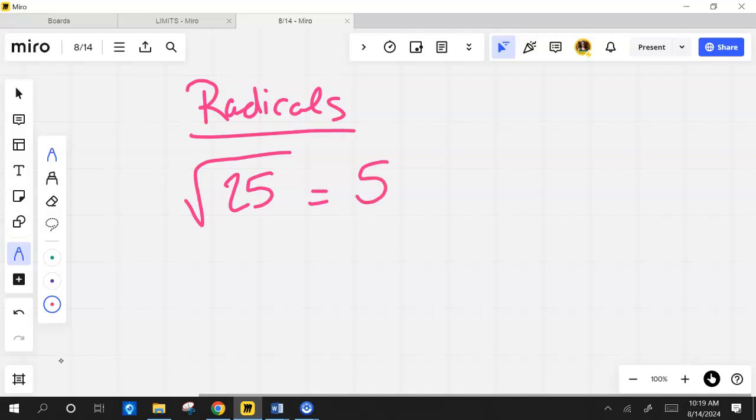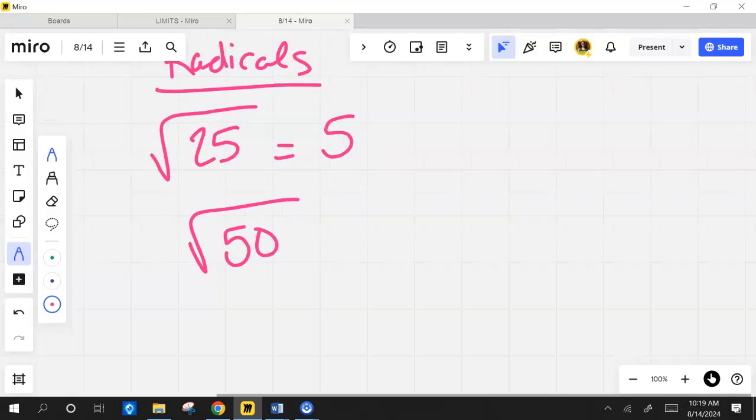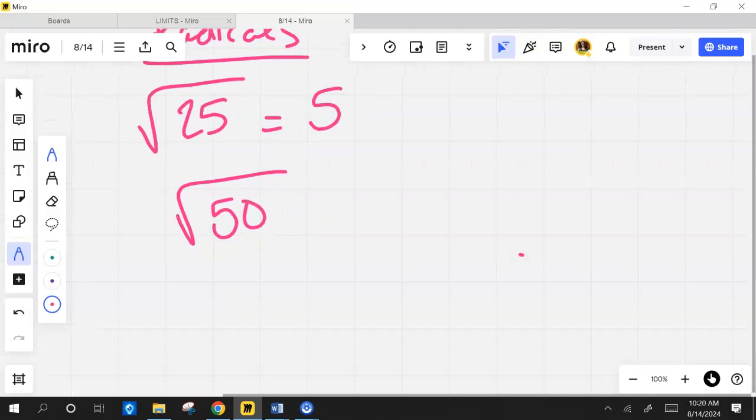But what if I asked you something like the square root of 50? You're actually really close. You're doing it in your head, but you're not really saying what you're doing. I know what you're trying to do. You're simplifying it, right? And in the process of simplification of a radical, tell me what you do.